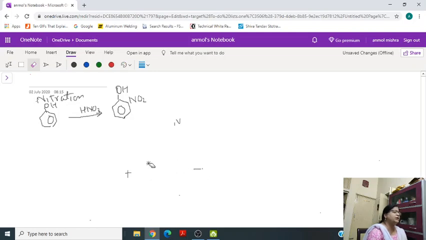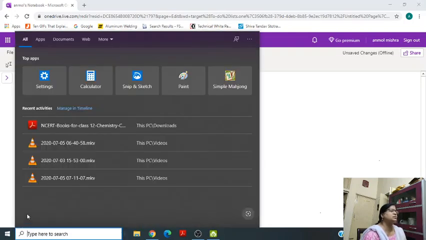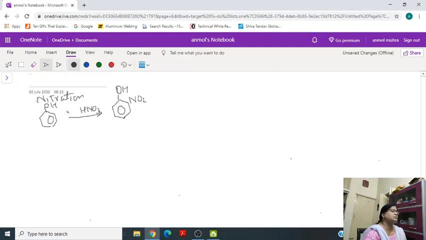When phenol reacts with concentrated nitric acid, it forms 2,4,6-trinitrophenol, and commonly it is called picric acid.